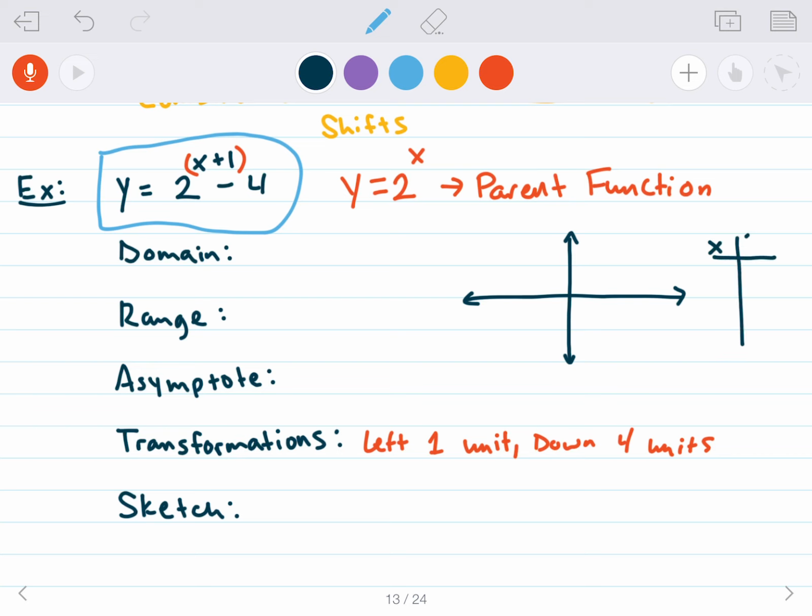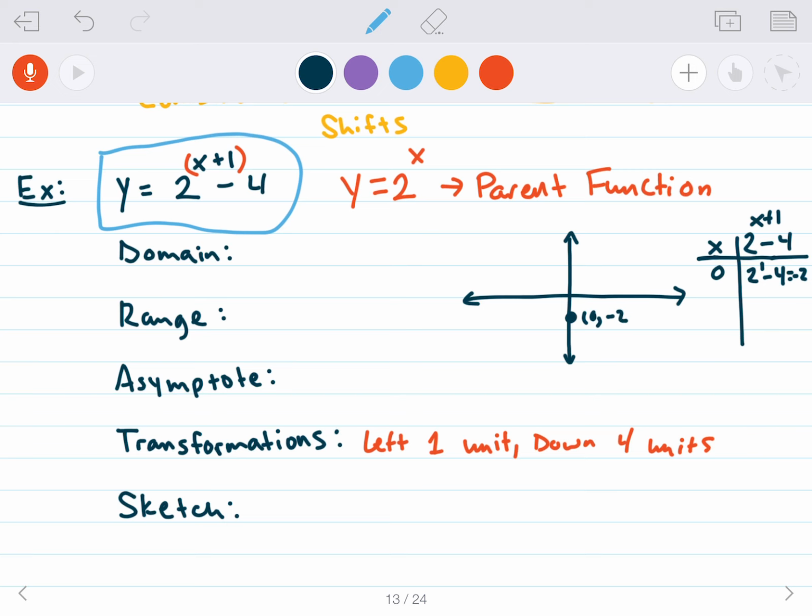So we have 2 to the x plus 1, minus 4. When x is equal to 0, we have 2 to the 0 plus 1, minus 4, which is minus 2. So 0, minus 2.